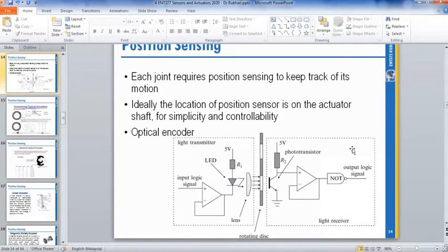This is changing active high or active low. So if you put this, you will get active high. When this goes to 0, that means it detects something. So this voltage changes to 0, the output is 1. So active high.